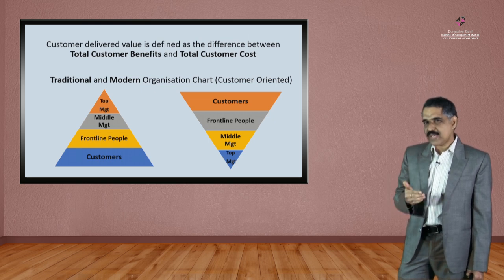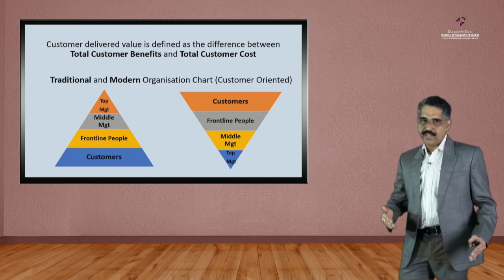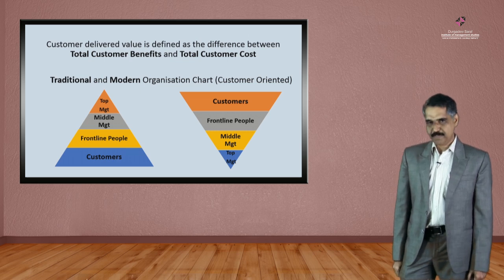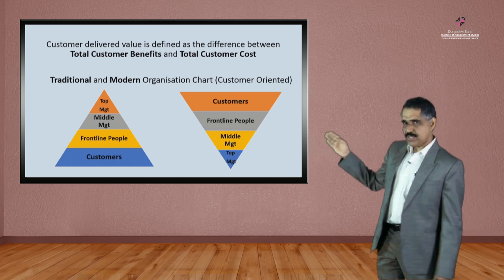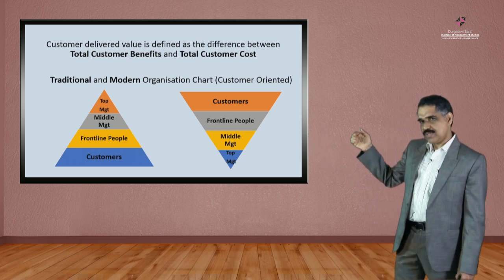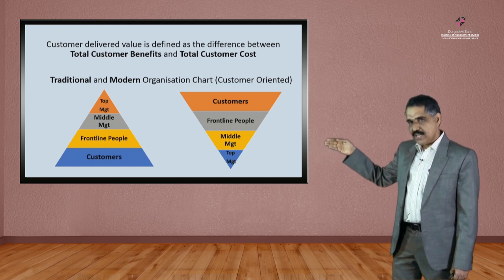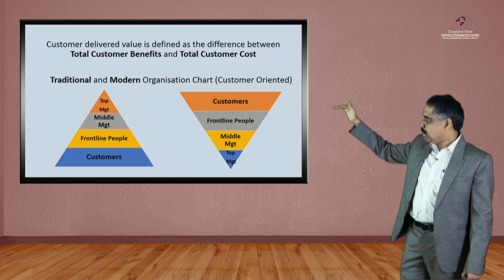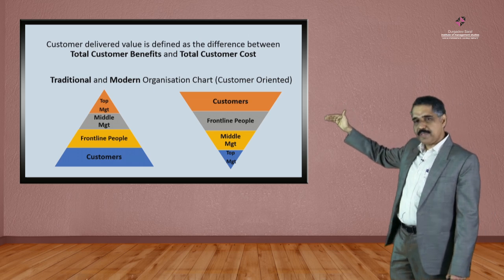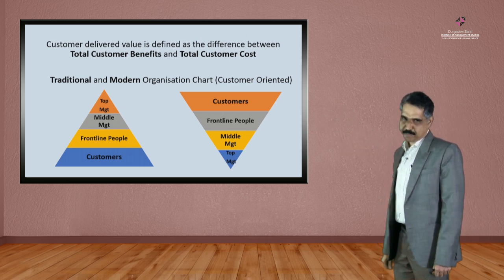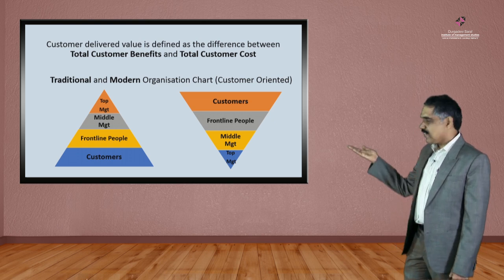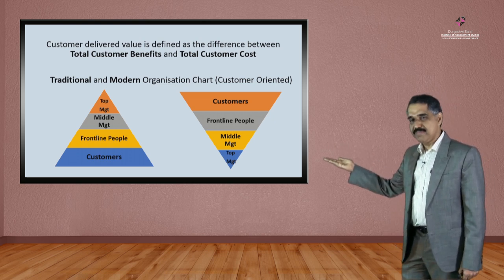Now let me take you to a modern versus a traditional organization chart. Look at here. You see against the traditional charts, what do you see here? You see top management, middle management, frontline people and customers. Now isn't it funny to have customers at the bottom?